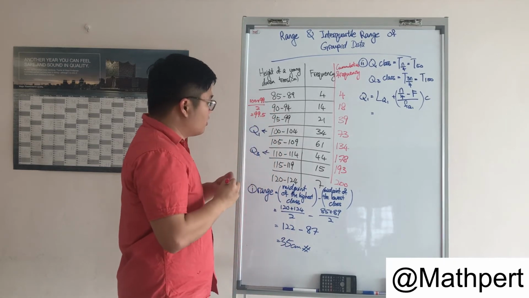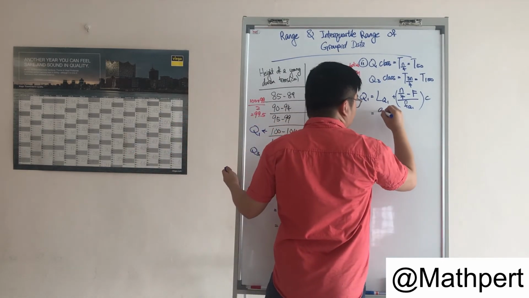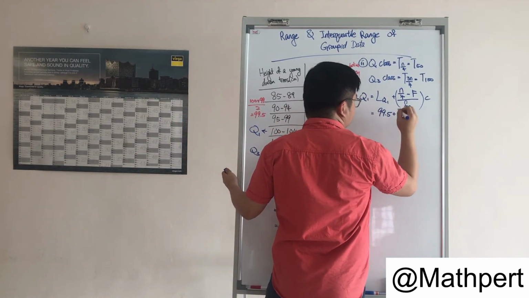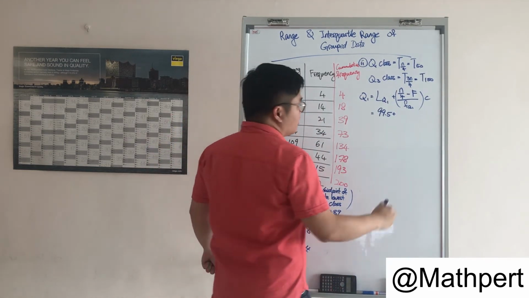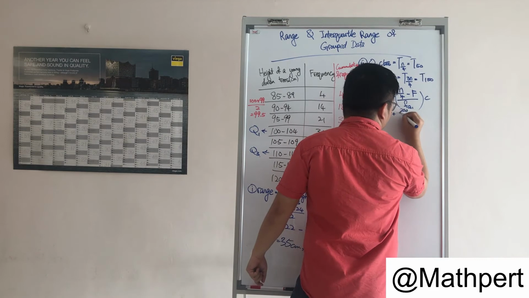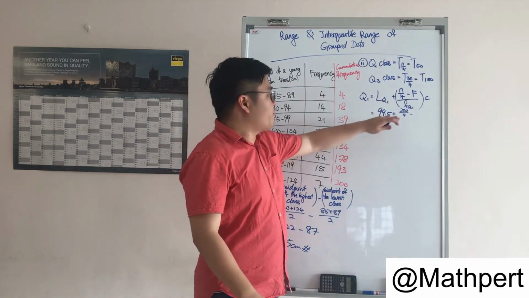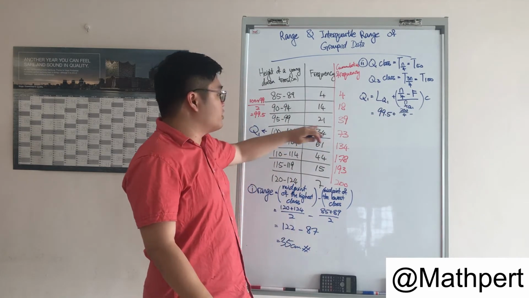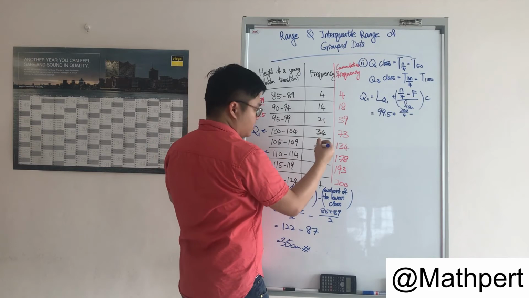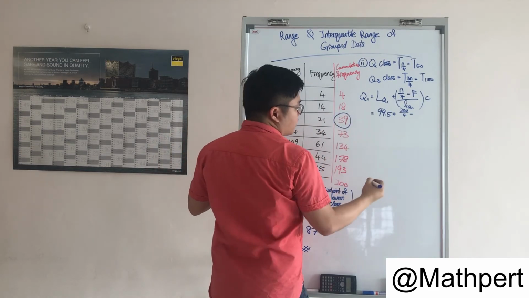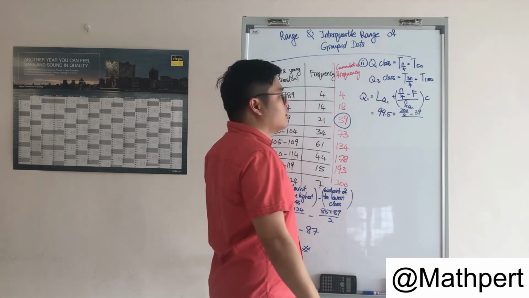So the lower boundary of the Q1 class is 99.5, plus n, where n is 200, so 200 divided by 4, minus F. F is the cumulative frequency before the Q1 class, meaning this one, 39, over FQ1.